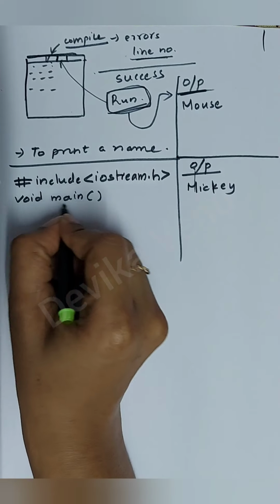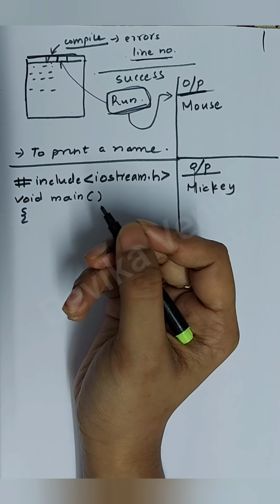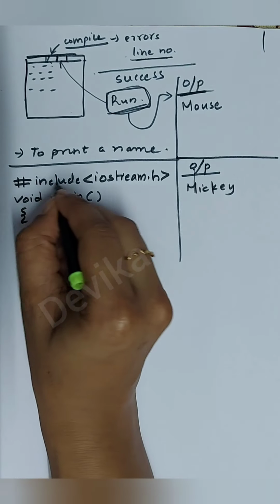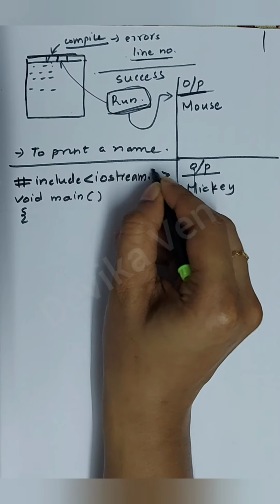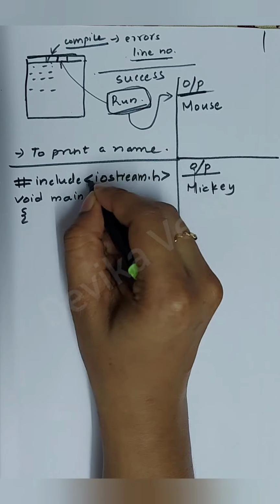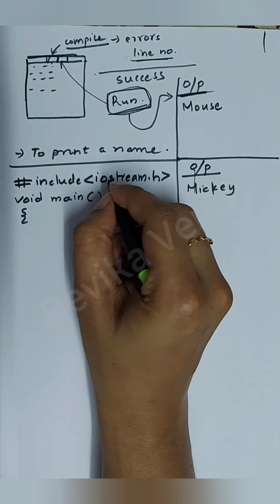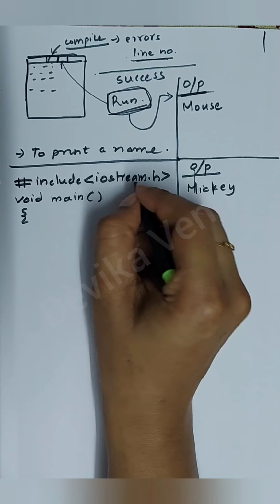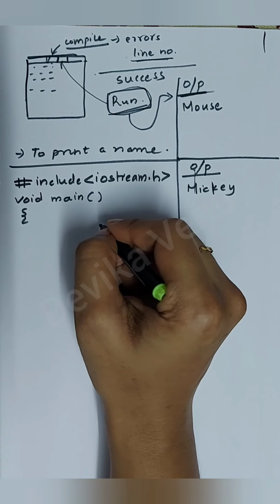Next, I have to write void main, opening the braces. So first, I have included all the files inside the iostream.h header file, and I can use whatever commands are already there in iostream in my program.